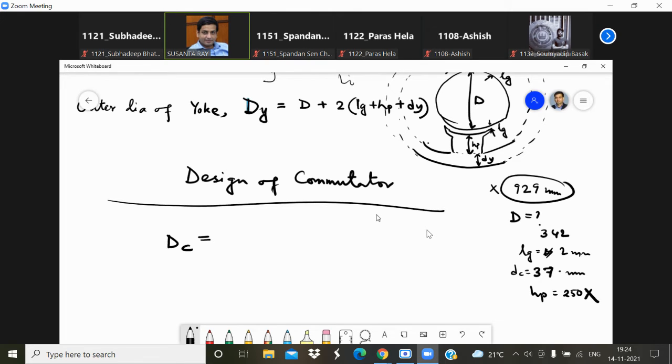So diameter of the commutator, you take 70 to 80% of the D. Okay, so this you calculate first.